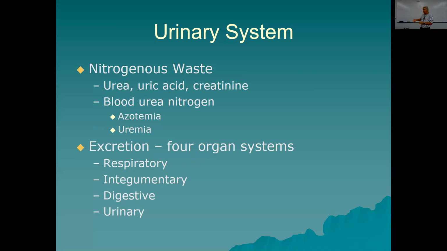And all these molecules have nitrogen, and those are called nitrogenous waste products. And blood urea nitrogen is the measurement of nitrogen in your body. And if it gets too high, that would be a condition called azotemia, and that's all of the nitrogen-containing compounds. But if you have too much urea, that's called uremia.